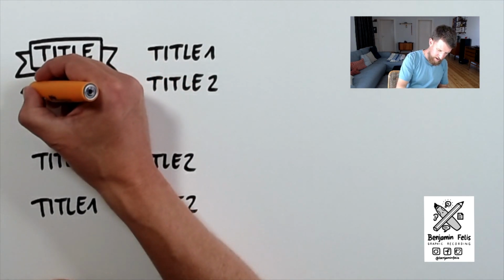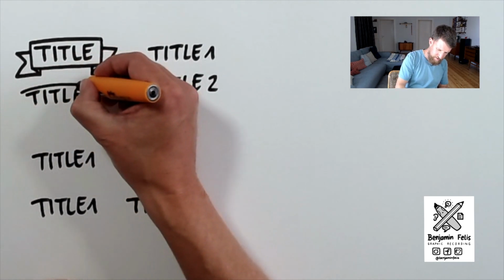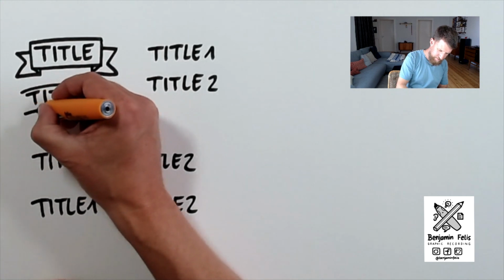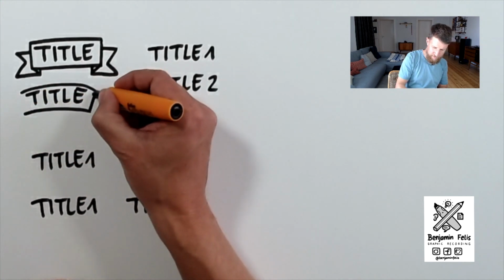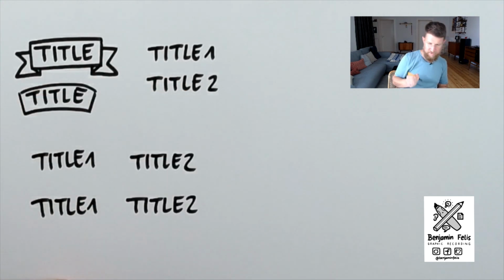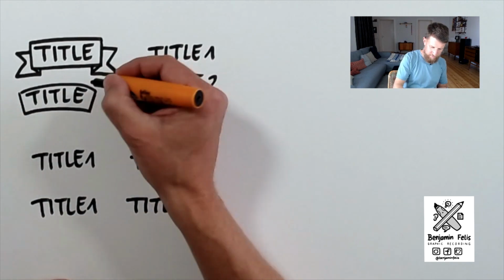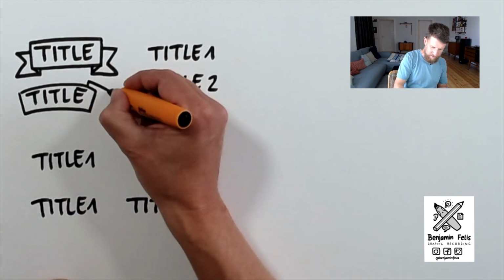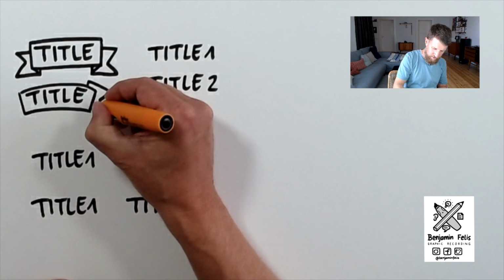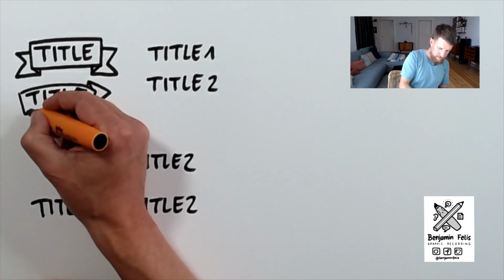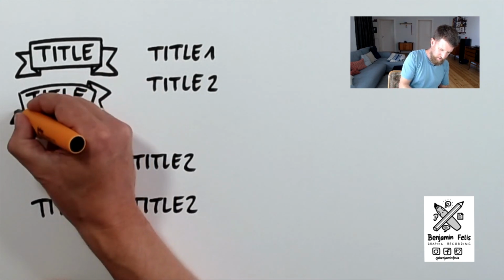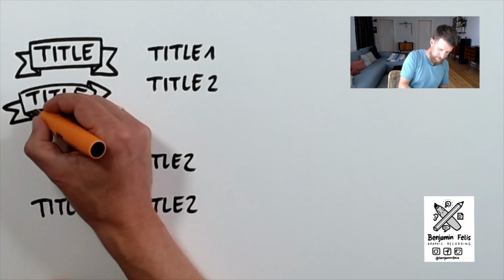So what you do here is I have to put the title a bit curved, so I also make the banner a bit curved. And that's the first way how you can play around with it. So you have the banner like this. Then you can also have the rest of the little flag coming out on top. Or you can here let it come out on the bottom. Both ways are fine.